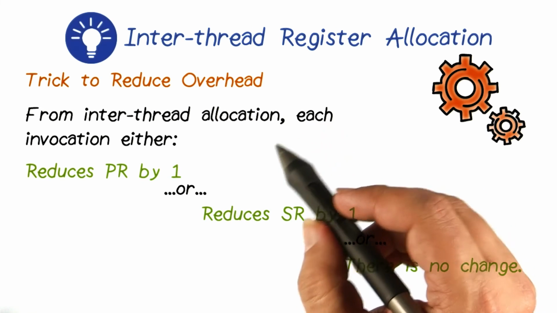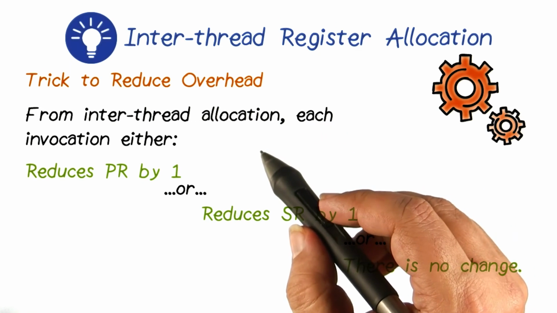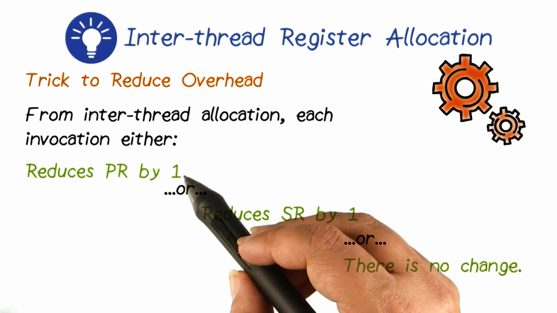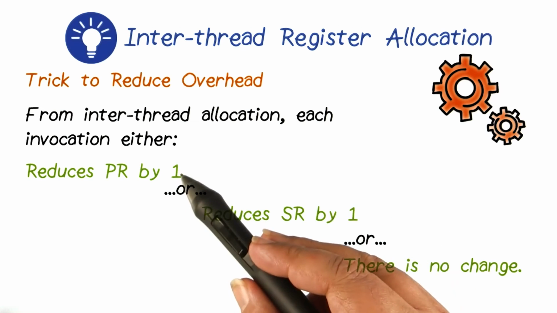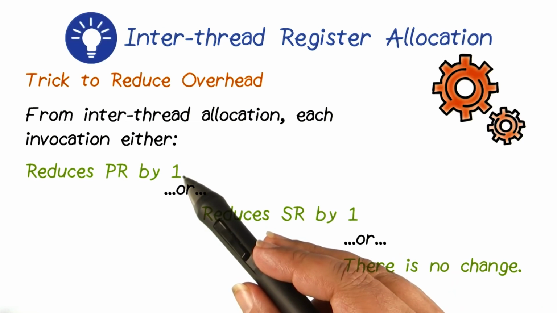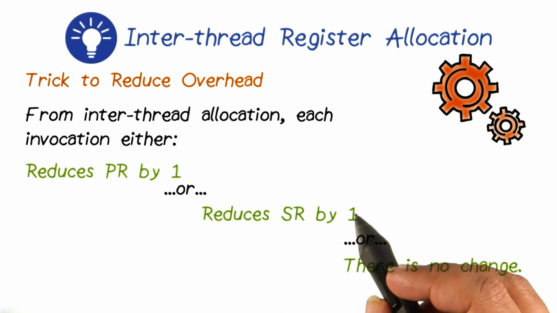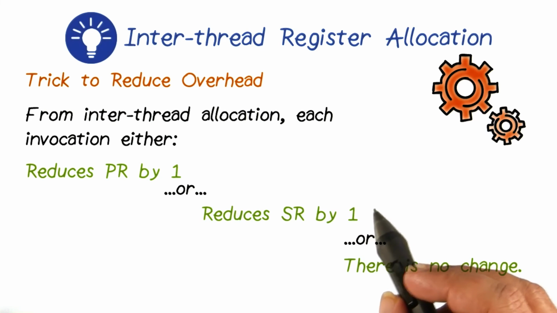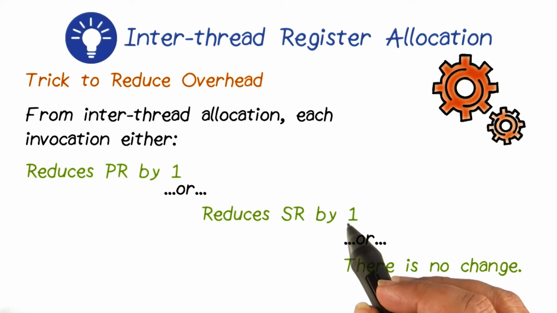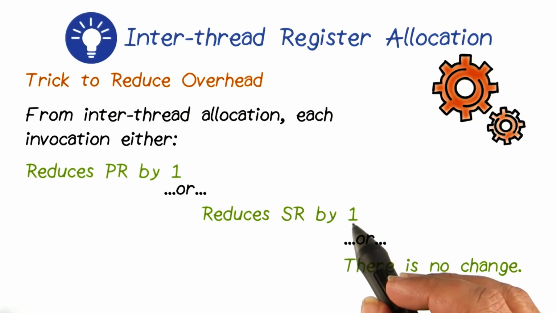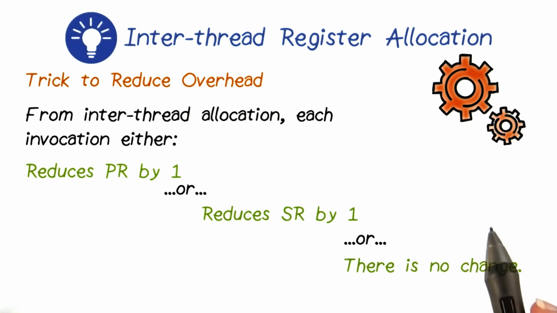We invoke the intra-thread register allocator, typically to reduce either the number of private registers by 1, again by doing splitting of the boundary interferences, or to reduce the number of shared registers by 1, again by using similar techniques, but now applied to the nodes within CSR, and keep doing this activity until there is no change.